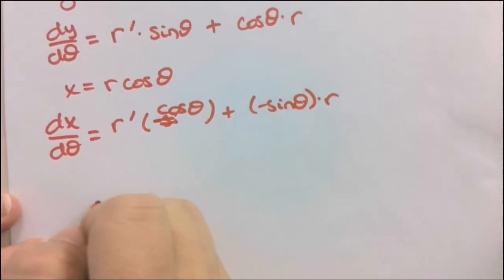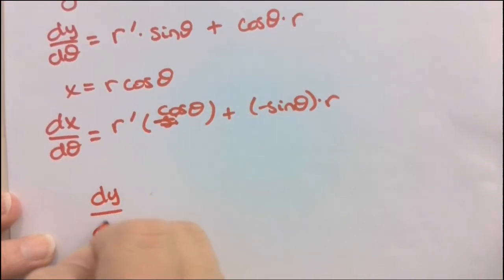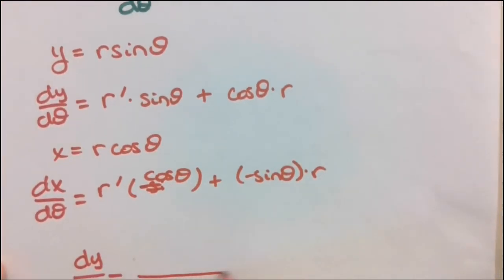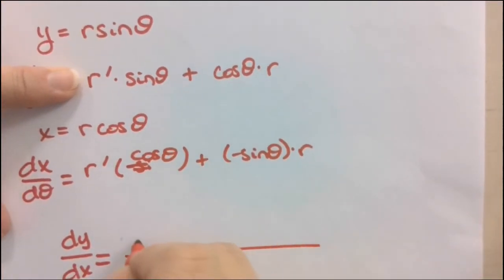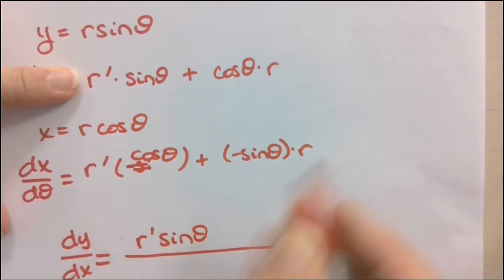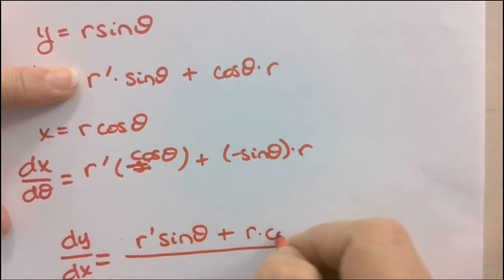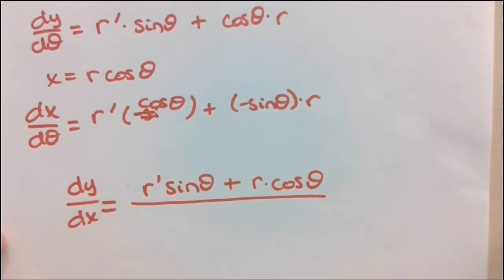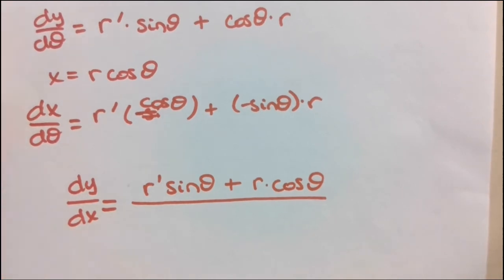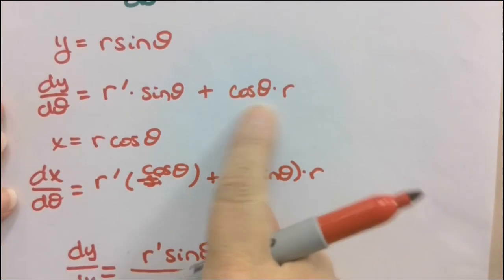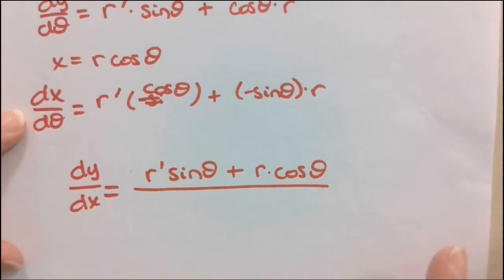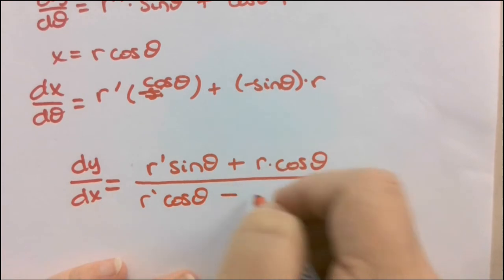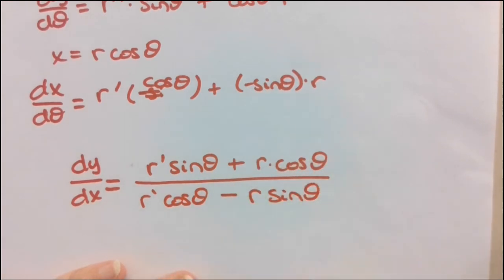And so when we bring those two things together, dy/dx, remember, is going to be dy/d theta divided by dx/d theta. So r prime sine theta plus r cosine theta, I'm going to switch the order on that second term just because it tends to be a little bit more convenient when you're applying the formula, but you can certainly do it in this order if you choose. And over dx/d theta, which is r prime cosine theta minus r sine theta.